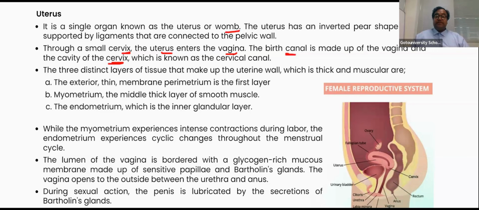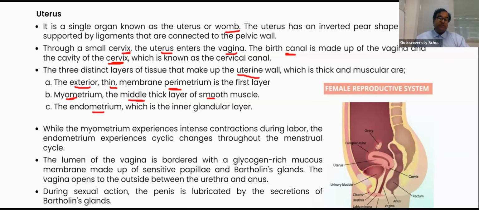Three distinct layers make up the uterine wall. One by one we will discuss. The uterine wall means the layers of the uterus having three important sublayers. One is the external or exterior layer, which is very thin, and we call it the perimetrium. Then the myometrium, which is the middle thick layer, rich in smooth muscle.